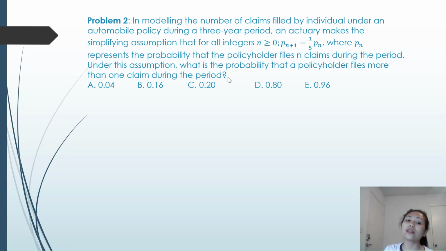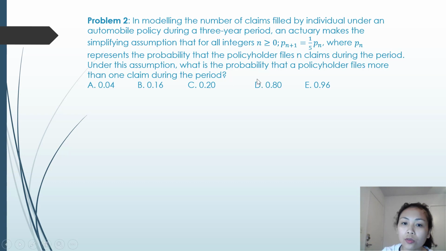More than 1 claim means either 2, 3, 4, 5, or 6 and so on. One thing you notice is that the list of numbers is infinite, so if you add up the probabilities from 2 to 3 to 4, it's going to be a long work.